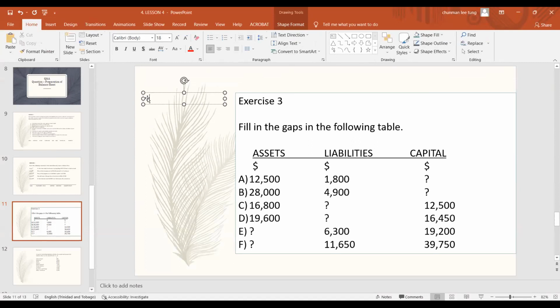Assets equals liabilities add owner's equity. That is for assets. And then we have the other one, liabilities, is equal to assets minus owner's equity.